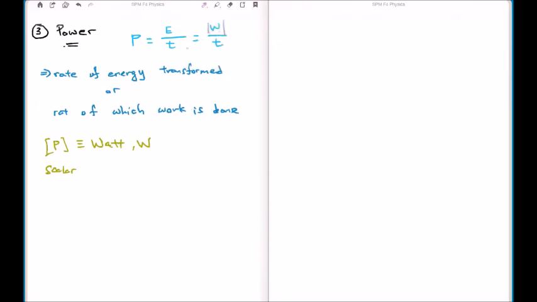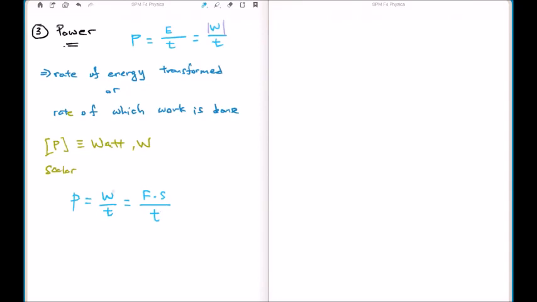Now if you look carefully at this equation, especially for the rate at which work is done, P is W over T. Now W, work done, is F dot S over T, right?